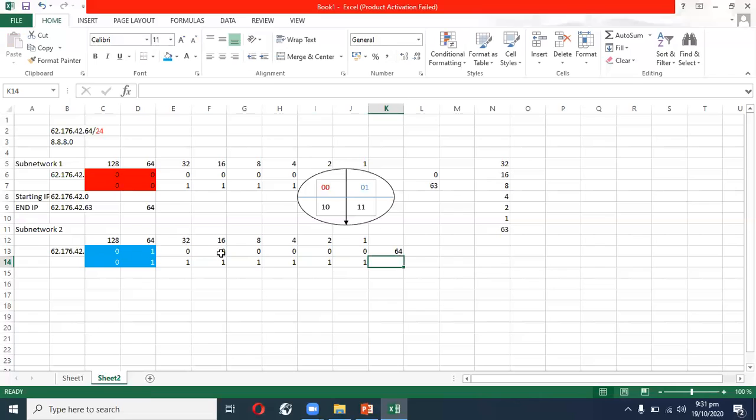When you make them all 1, and add 64, we get 127. So this is our starting IP and end IP.